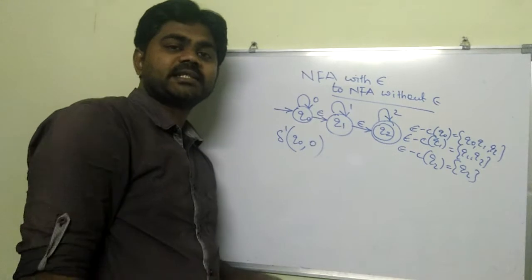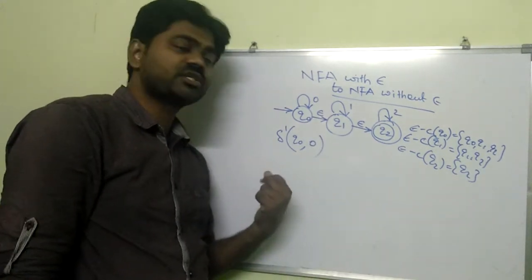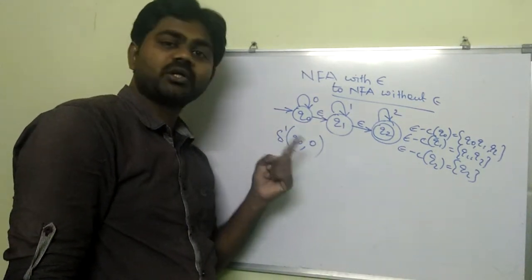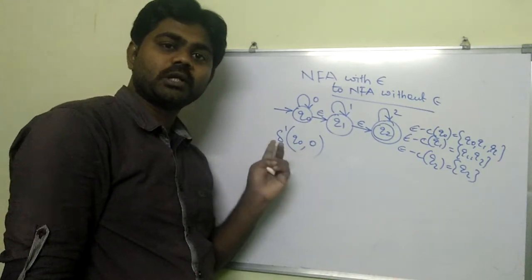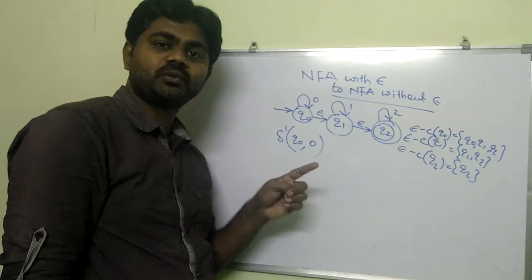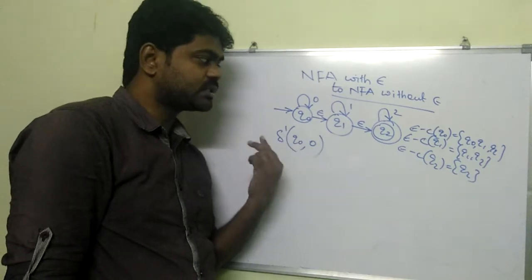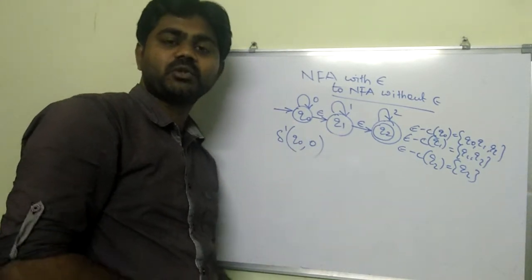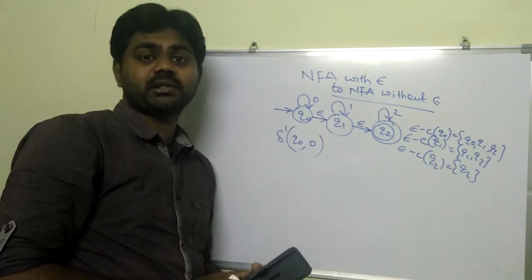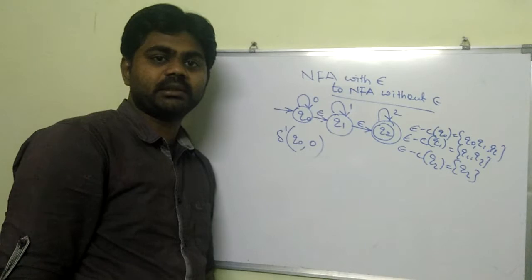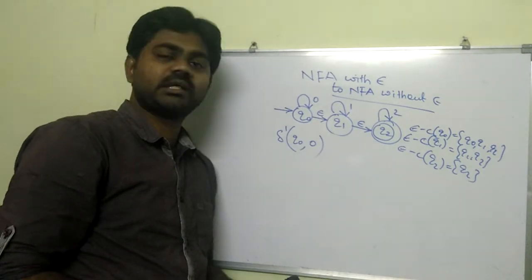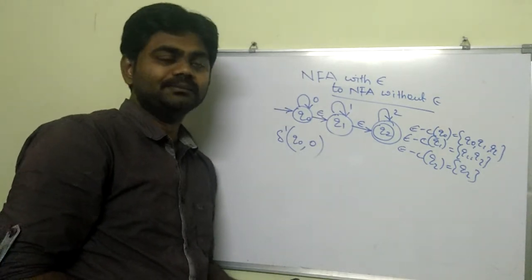So how many transitions do I get? Q naught on 0, 1, 2 is 3 transitions; Q1 on 0, 1, 2 is again 3; Q2 on 0, 1, 2 is 3. In total I get 9 transitions here. After writing the 9 transitions, we can construct a transition table, and after that, a transition diagram.